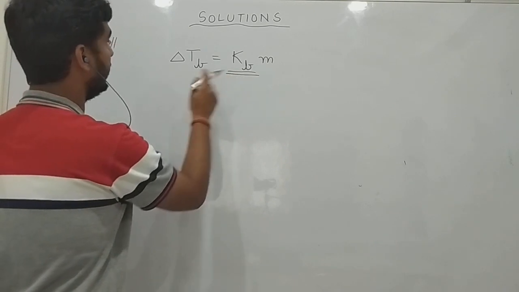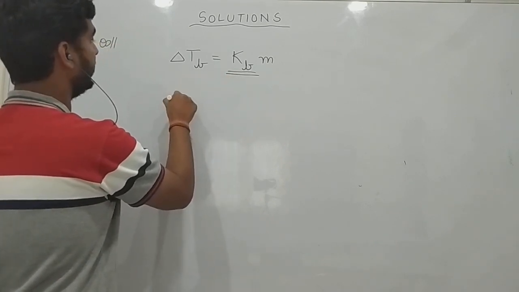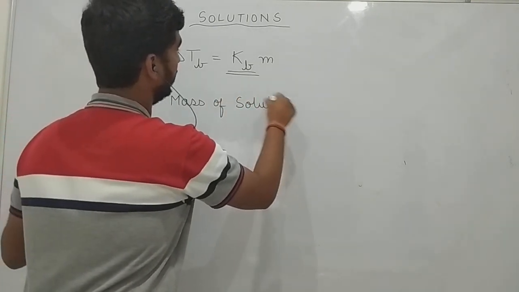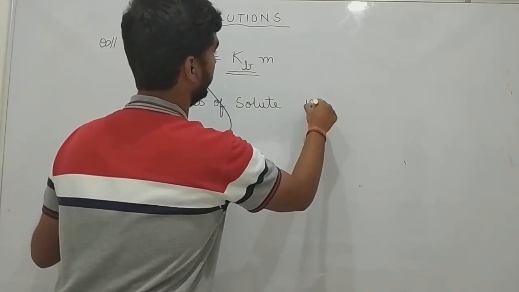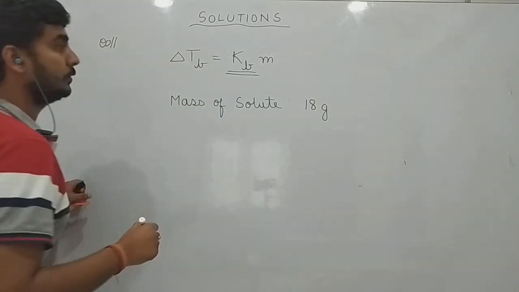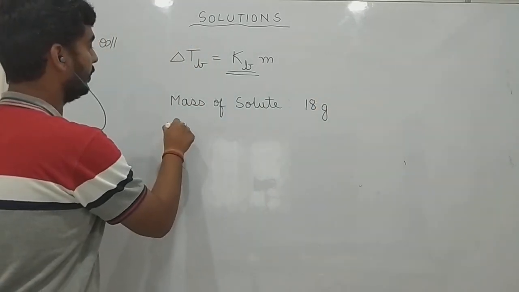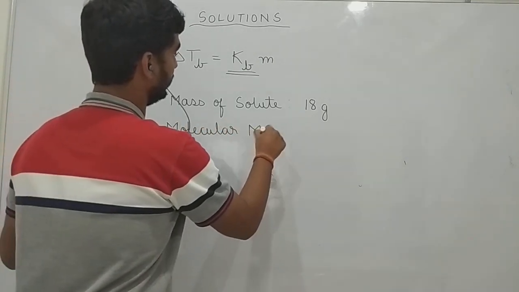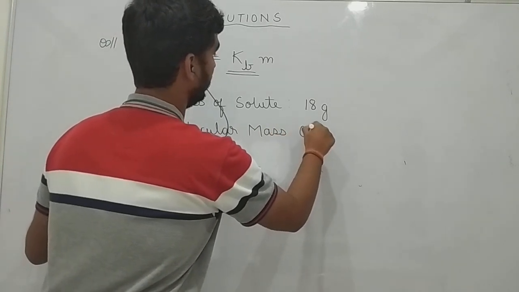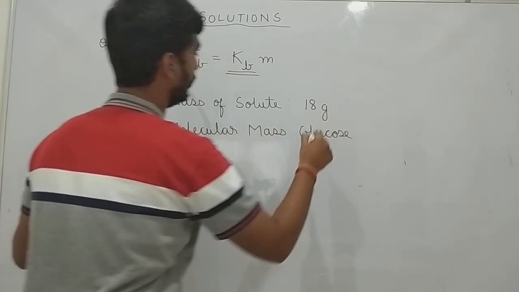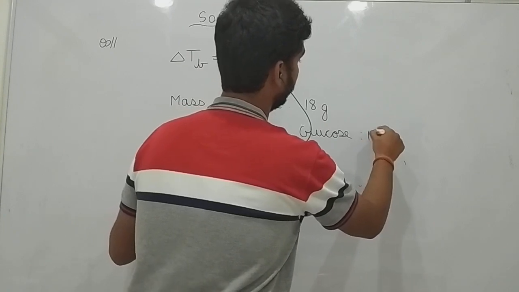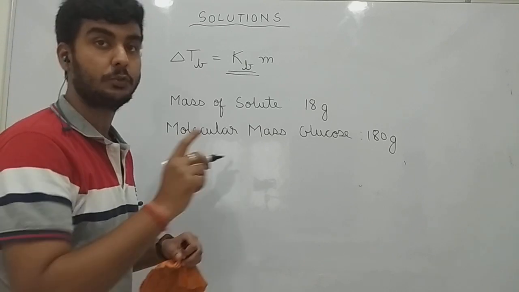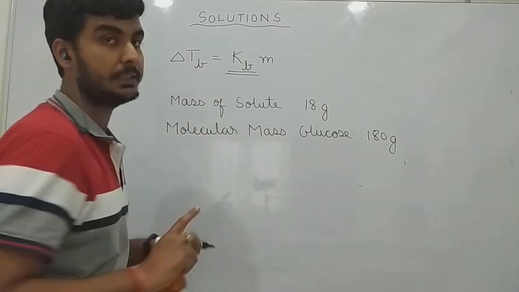So Kb is provided. Now we have to find molality. We can find it as the mass of solute is given. The solute is glucose. Can you calculate the molecular mass of glucose? The gram molecular mass of glucose will be around 180 gram. Kindly calculate that from the molecular formula C6H12O6.